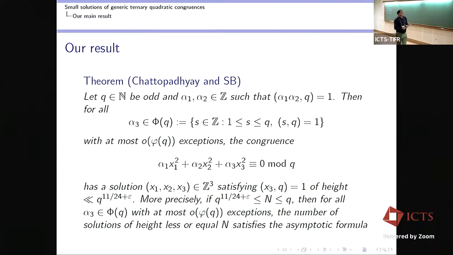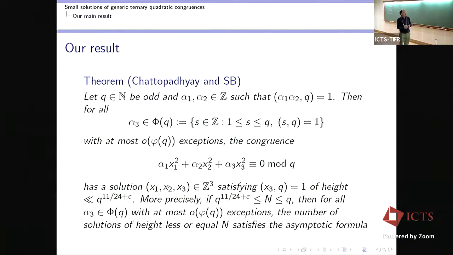Then what we showed is that for almost all of these alpha 3, we get a solution of height less than q to the 11 over 24 plus epsilon, which is smaller than 1/2. So we are able to break the 1/2 barrier in an average sense.